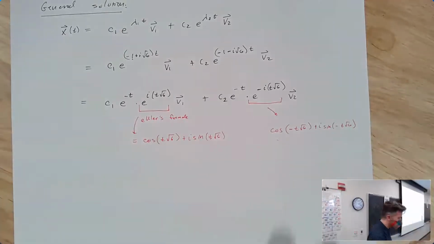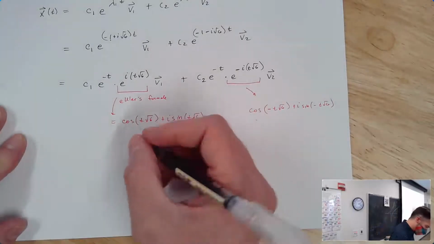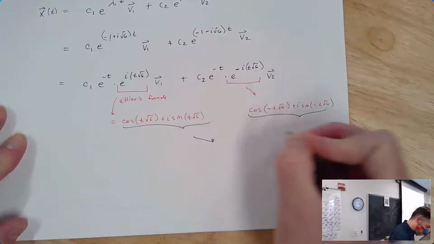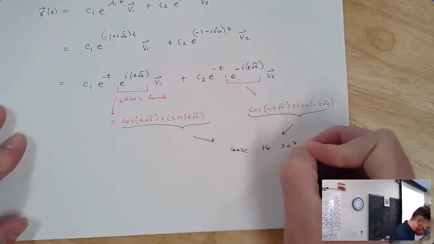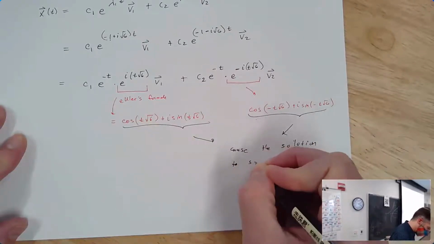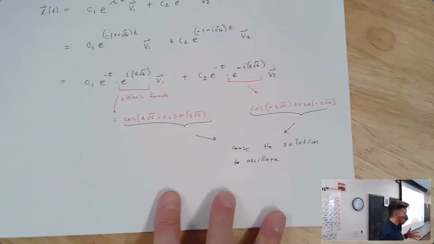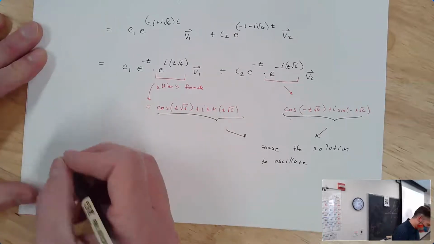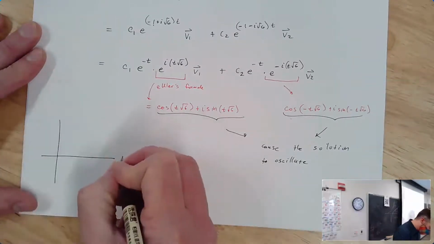But what's that going to do for us? Well, both of these cause the solution to oscillate. So before, when we talked about our solution, like what x was doing, what y was doing, we said you have x1 of t.